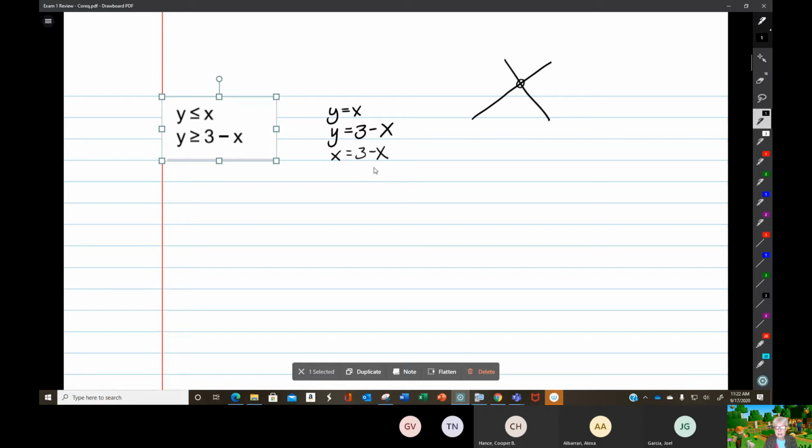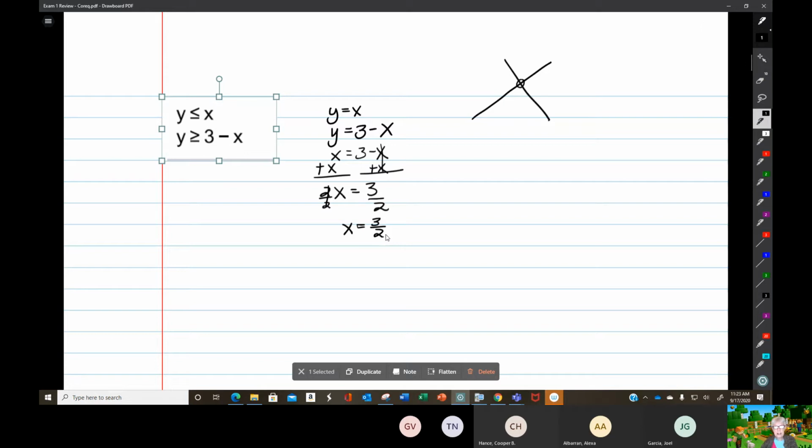And then I have to get my x's on the same side of the equation. Negative x plus x is 0, so I'll have 3. Then I'll divide by 2 and divide by 2. So x equals 3 over 2.